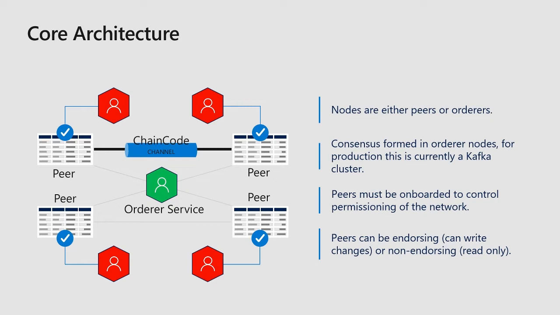And if you can control the ordering of transactions in a ledger, you can control the ledger. So this is essentially a central point for this whole network to run this Kafka cluster. The peers must be onboarded, as I mentioned, through this permissioning, and they can be endorsed or non-endorsed.